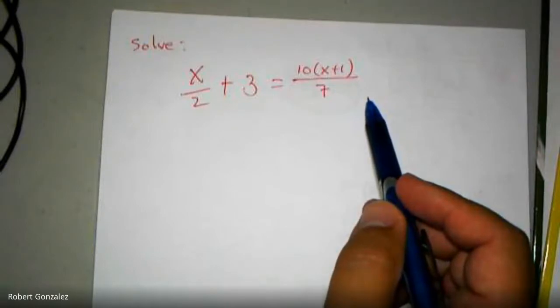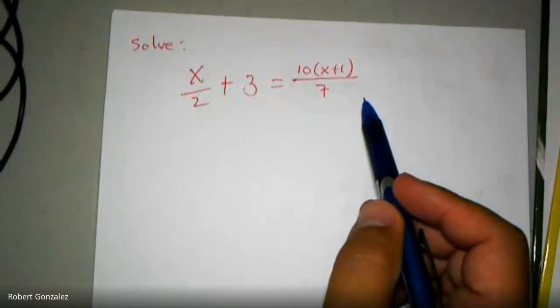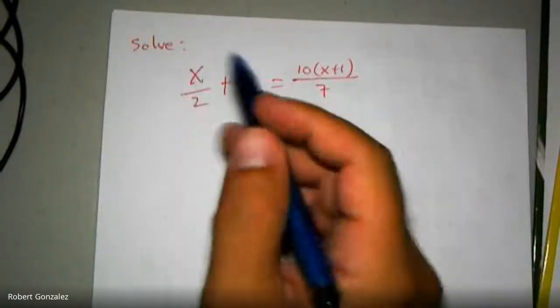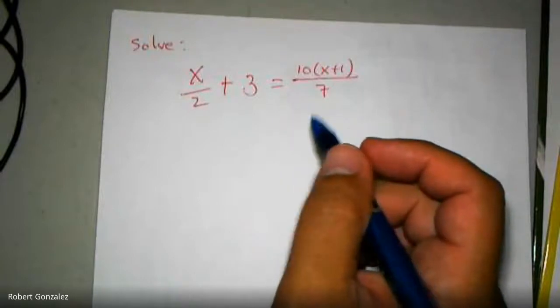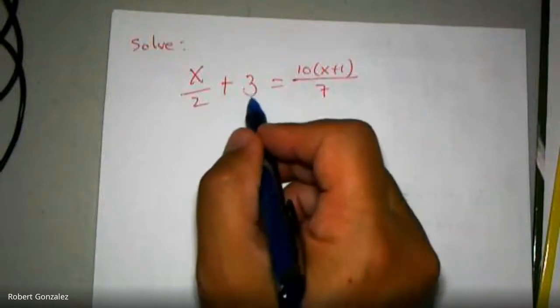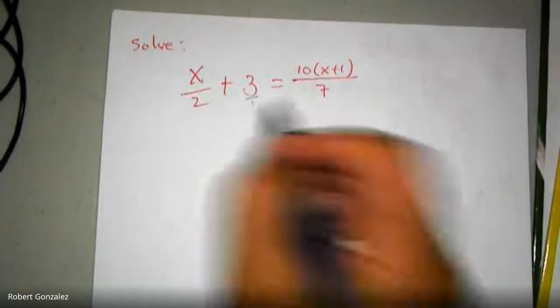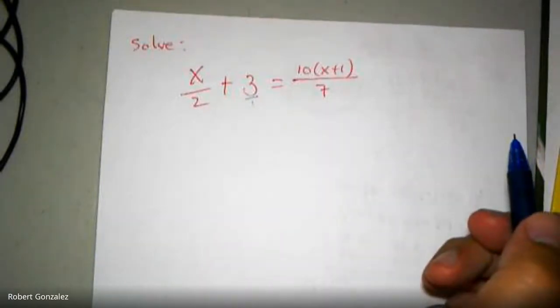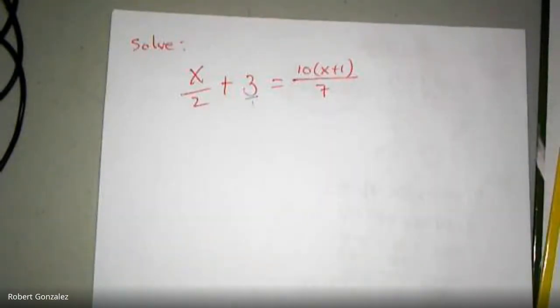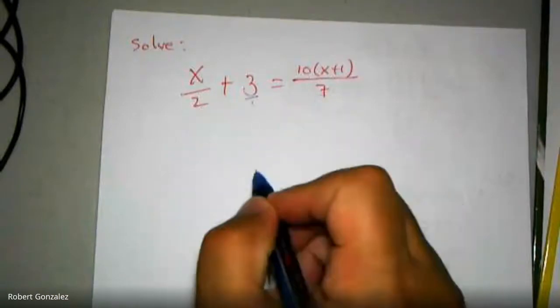You can type it in the chat. There we go. Thank you. 14. 3 is not the least common denominator because there's actually a 1 under there. It's an invisible 1. 14 is the number that's going to cancel out both of our denominators.